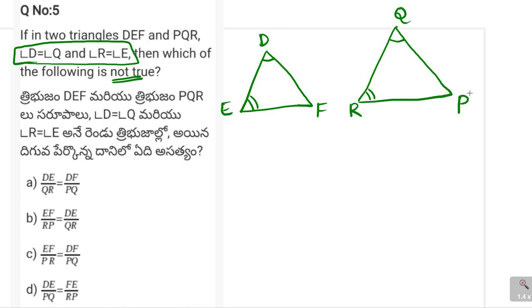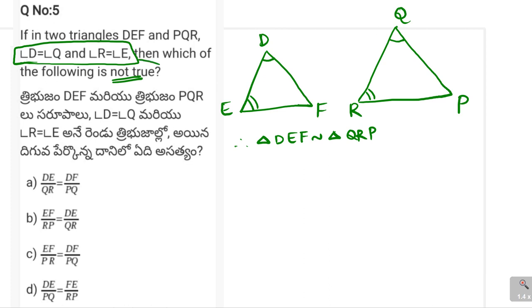Then write P here. So from these two we can say that according to AA similarity, triangle DEF is similar to triangle QRP. Triangle QRP, not triangle PQR. Be sure. Whenever we are writing similarities, order is very important.